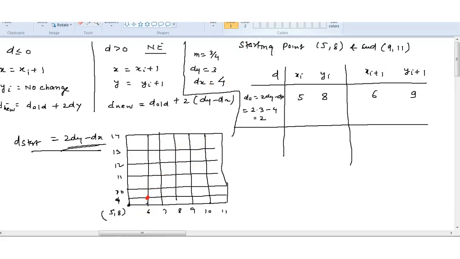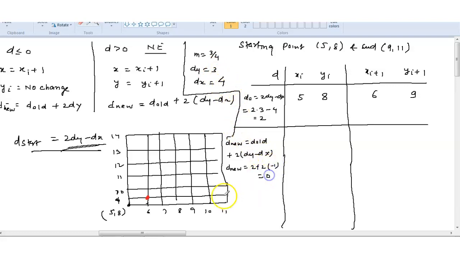So now again d is positive. We have written 6 and 9, x increment and y increment. Now we have to find the new d using this formula, then only we can go to the next step. So d new is equal to d old plus 2 times dy minus dx. d old is 2, plus 2 into dy minus dx, which is 3 minus 4, which is minus 1.